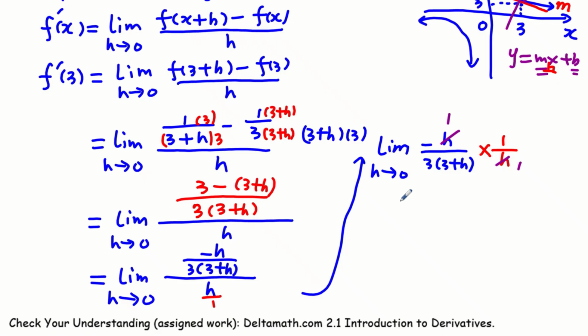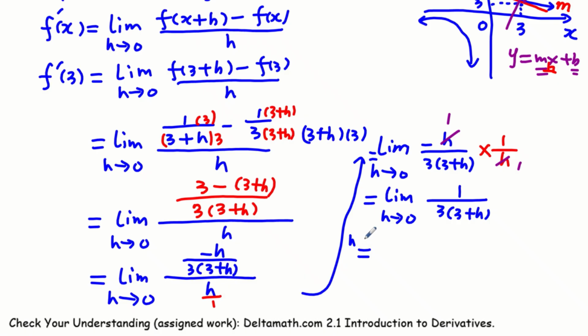After that, you will see you are going to get rid of the denominator h, so you don't have 0 at the denominator. We could do the direct substitution.